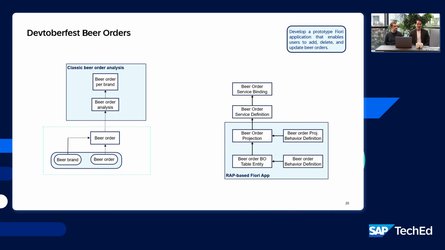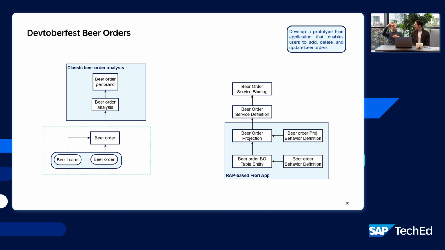Before, we needed to have a table and a view entity, and then project that data, and project it again, and then we would have a complete stack of view entities for the RAP framework. But now with table entities, we can simplify this development, and as you can see on the right side, we only need a table entity to act as a business object.